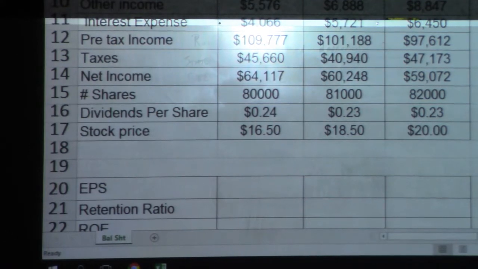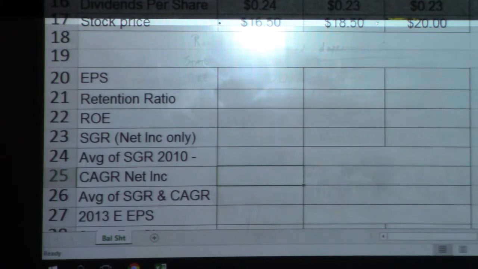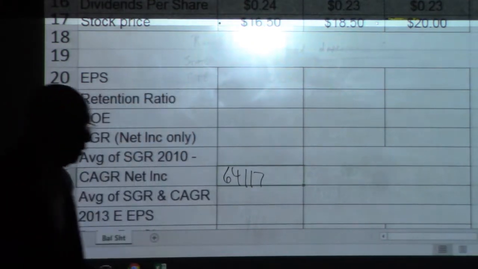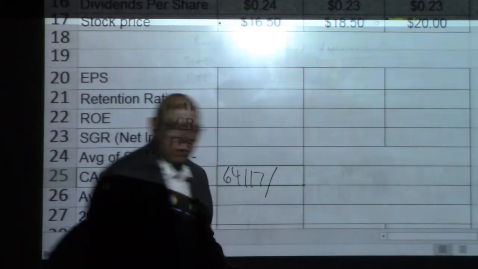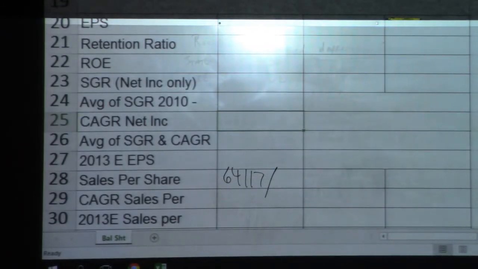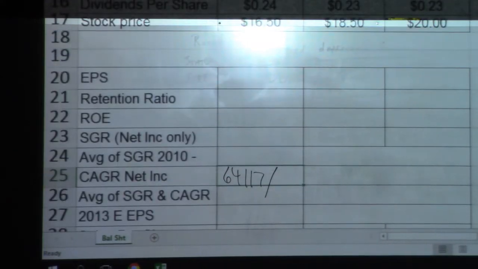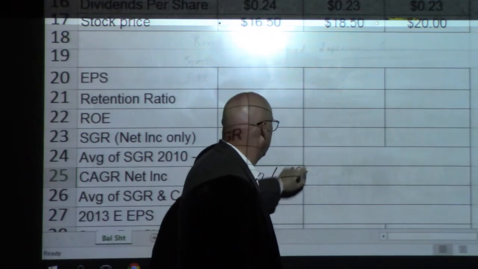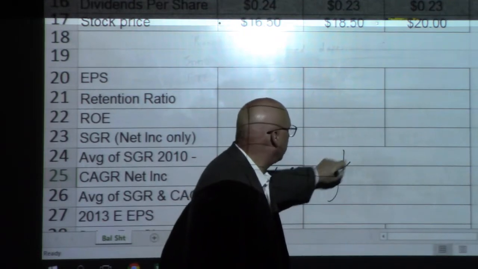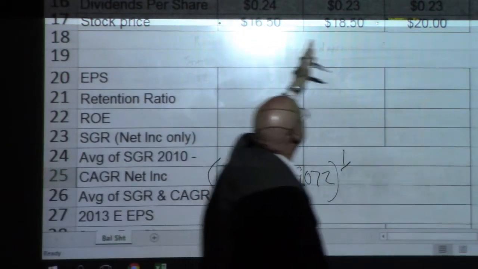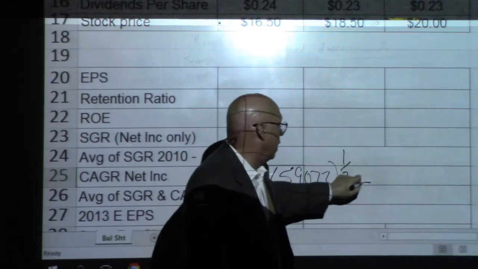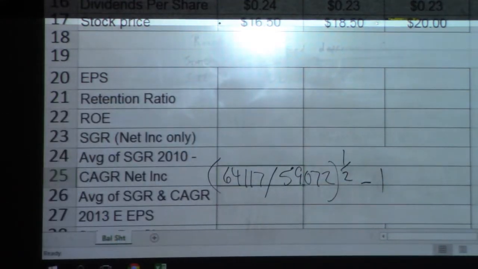So let's put that in there. $64,117, okay, divided by, let's find our beginning net income of $59,072, raised to the 1 over n, and we've got 3 years. 1, 2, 3, minus 1, so that would be raised to the 1 over 2, minus 1. So let's find the CAGR.